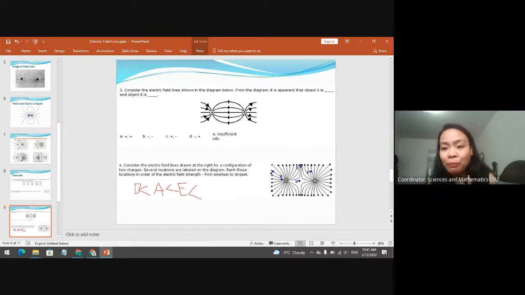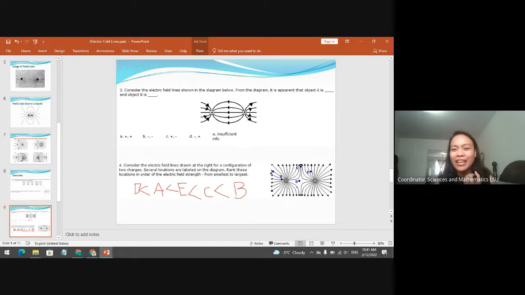For point B, there are more field lines that are closer to it. So that means that C has the lesser electric field strength and B is our point having the strongest field strength.